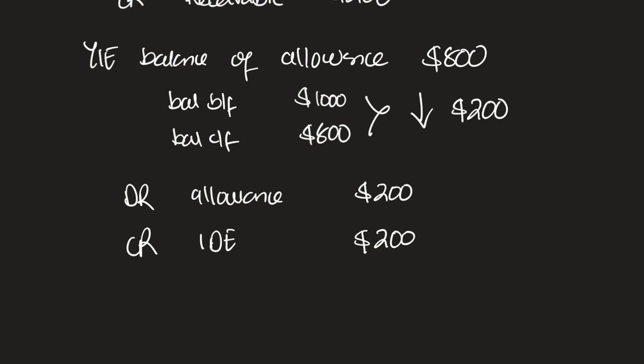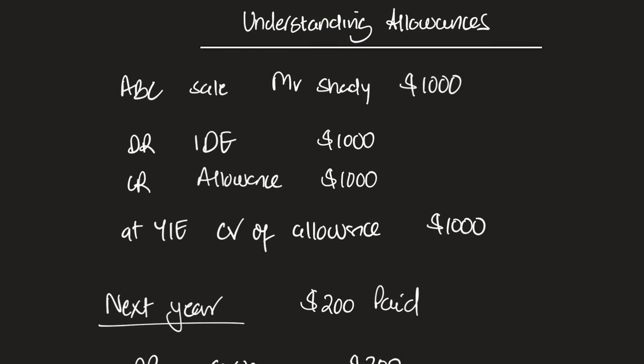Now, if you're wondering why we're doing this, well, think about this as a reversal to the original irrecoverable debt expense that we had debited. So if we go back to the initial posting when we thought Mr. Shady was not going to pay us, we had debited $1,000. However, he did end up paying $200.